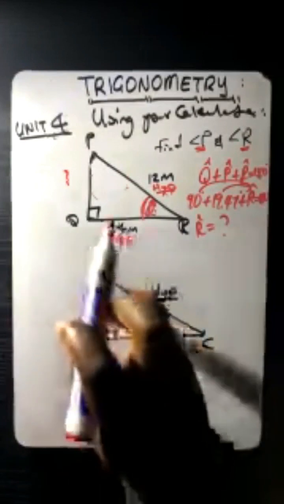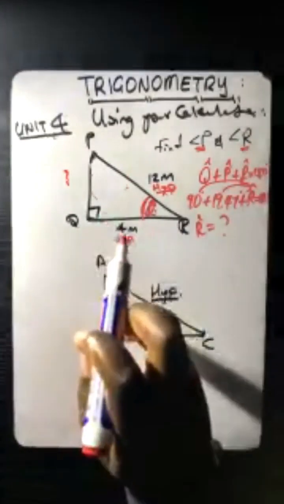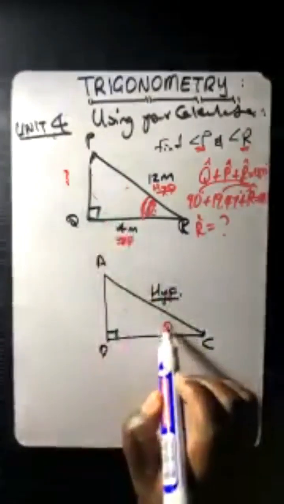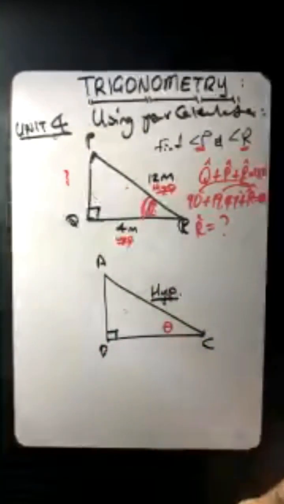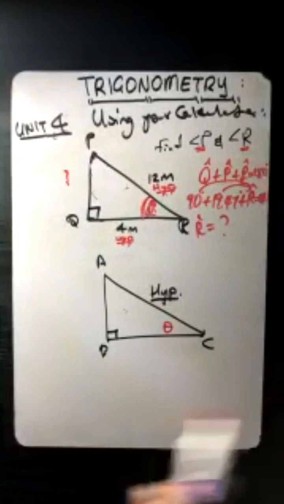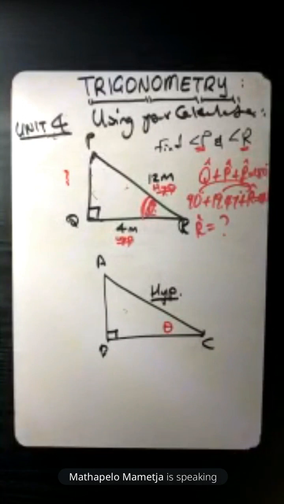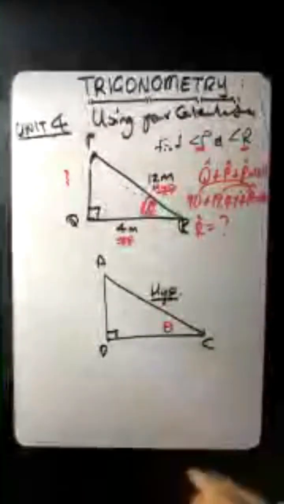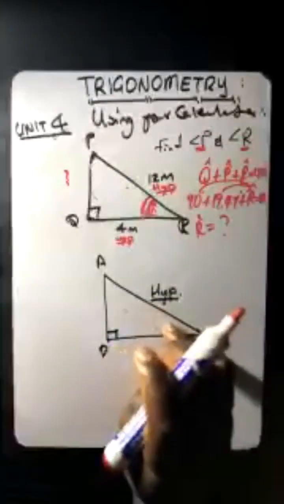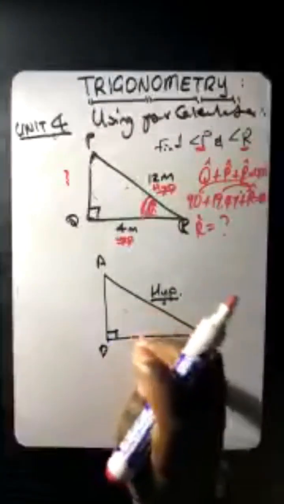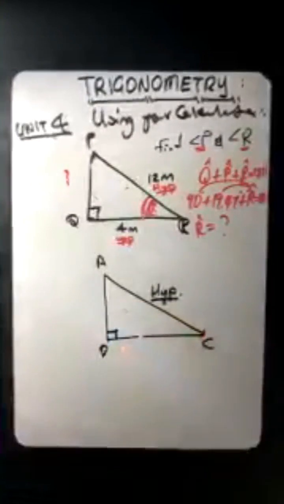Yes, you are 100% correct, meaning BC is opposite. So if I put that angle there, which side is which? BC is adjacent. Yes, so can you see? It depends on where the angle is.